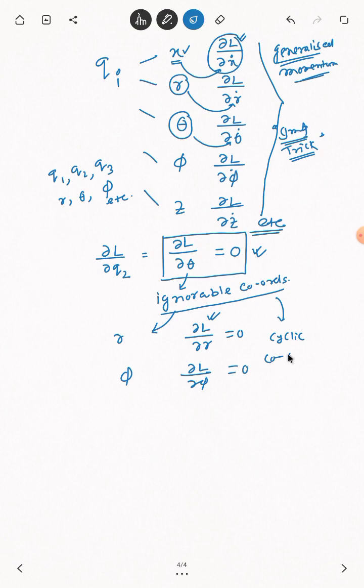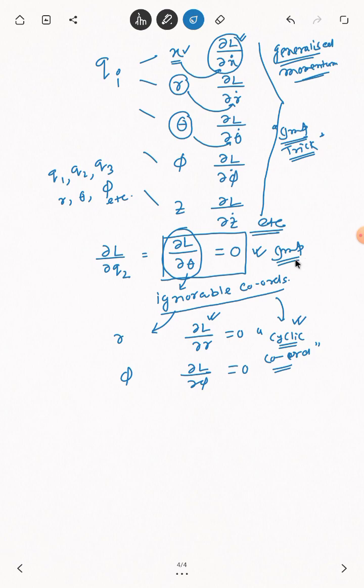This is another nomenclature we have to be careful about, because in an exam we may not see ignorable, we may see cyclic, or in some other exam we may not see cyclic, may see ignorable. These two are equal. So if some coordinate is ignorable or cyclic, then the partial derivative of the Lagrangian function L with respect to that coordinate must be 0. This is important again.